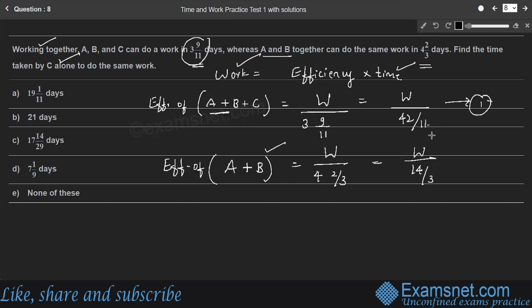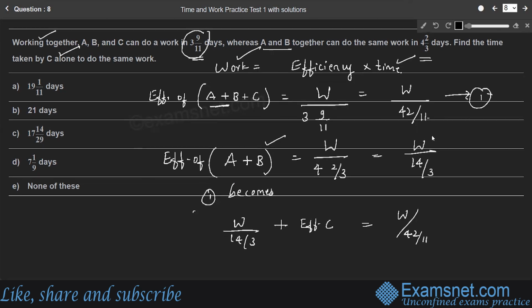So efficiency of A plus B plus C is equal to, whereas efficiency of A plus B is W by 14 by 3, plus efficiency of C. Efficiency of C is equal to W by 42 by 11. Simplify it.